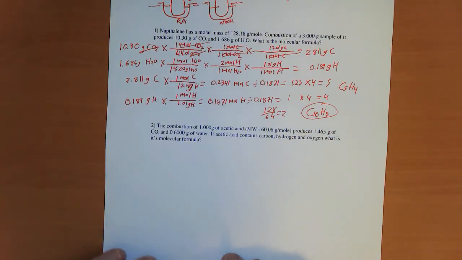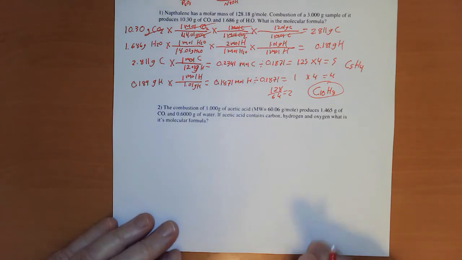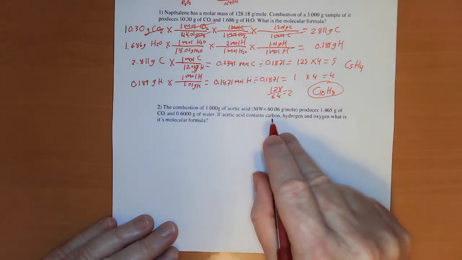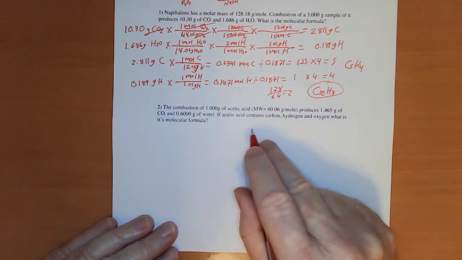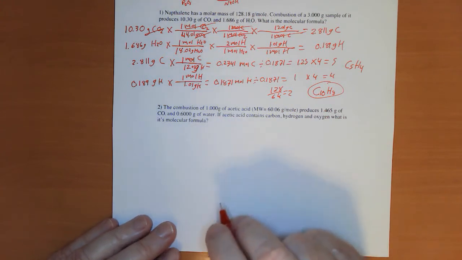Now, we're going to go to 3 elements this time: carbon, hydrogen, and oxygen. It's acetic acid. We already know what the formula is. We have 1.000 grams.